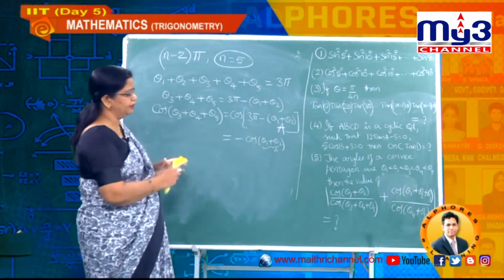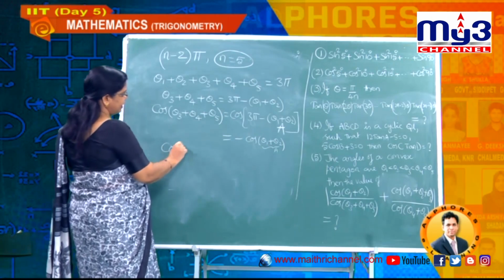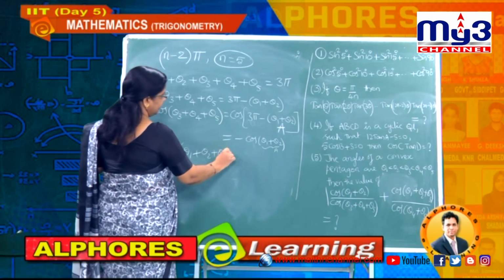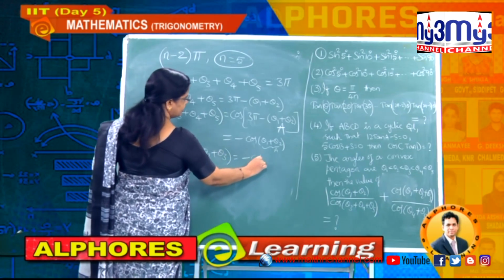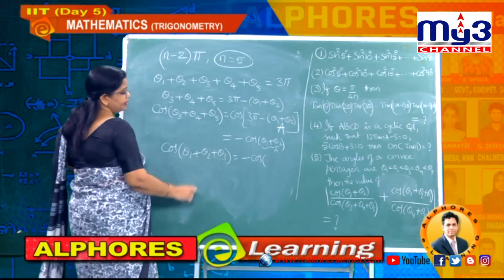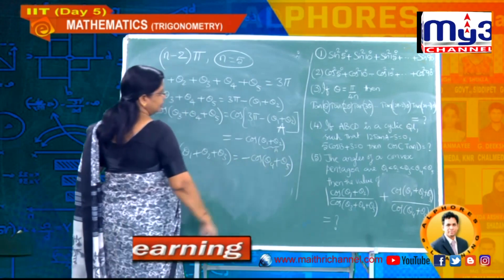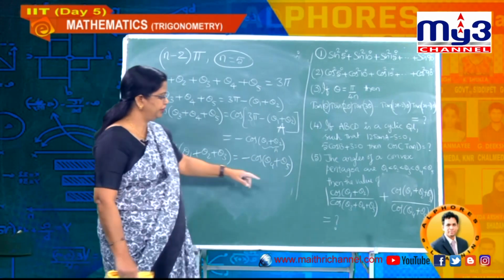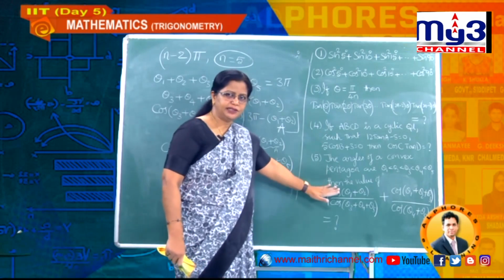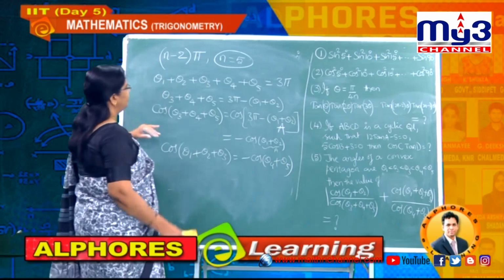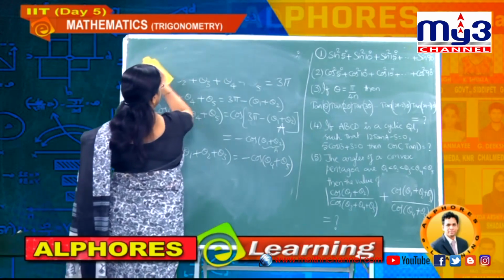What is the other value? That numerator. In the same way, if you take cos of theta 1 plus theta 2 plus theta 3, the other two values, that is minus cos of, leftover is here how much? Theta 4 plus theta 5. So I substitute numerator, this is as it is. Now denominator you substitute how much? Minus of cos theta 1 plus theta 2.